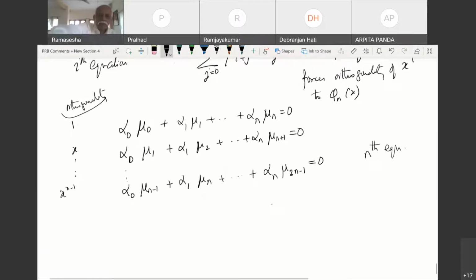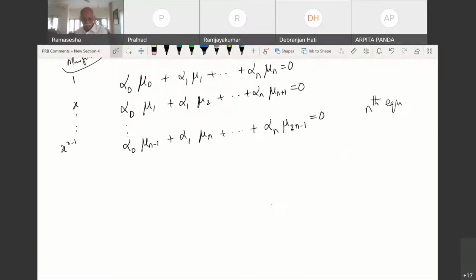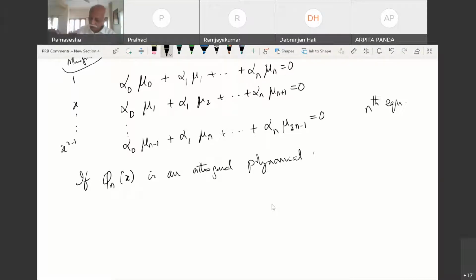Okay, so let's note the following. If phi n of x is an orthogonal function to polynomials of degree less than n, then some constant, say k times phi n of x, is also orthogonal.